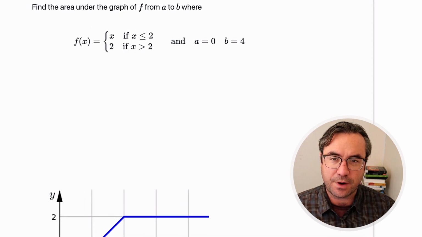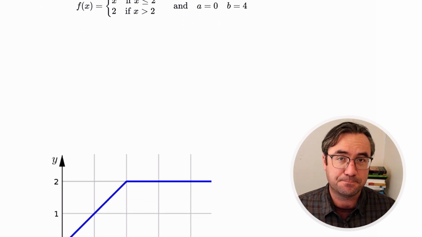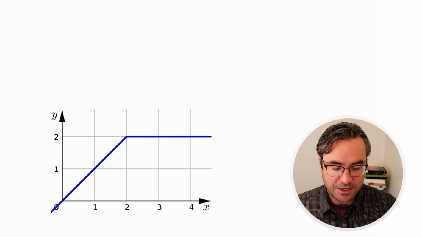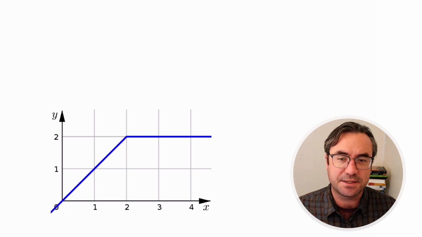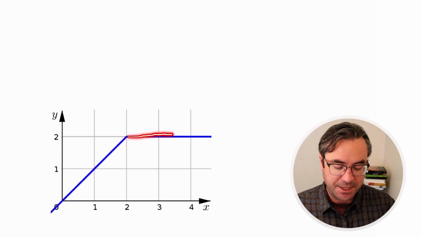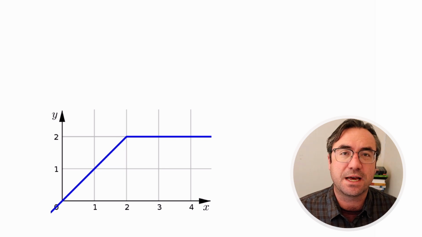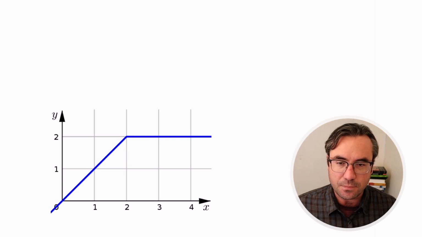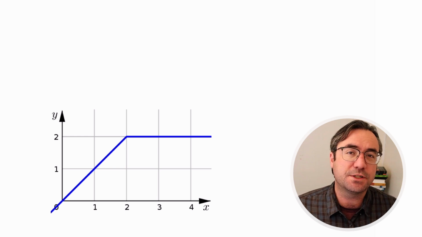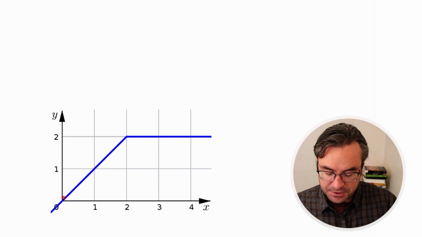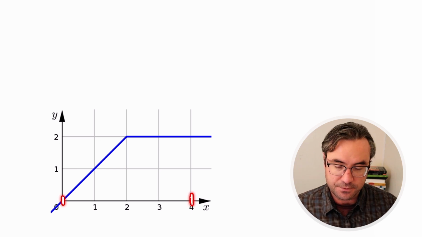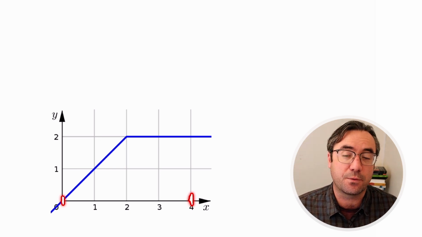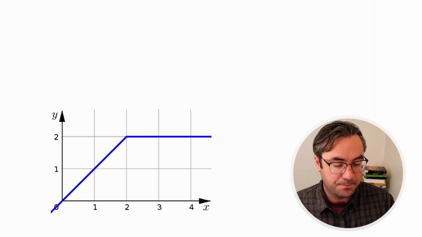So we have the graph of our function plotted out down here. And you can see we have the first piece plotted. So this is y equals x. And then we have the second piece plotted. This is just the horizontal line 2. And what is our region going to look like? Well, we're going from 0 to 4. So again, that's describing the width of our region.